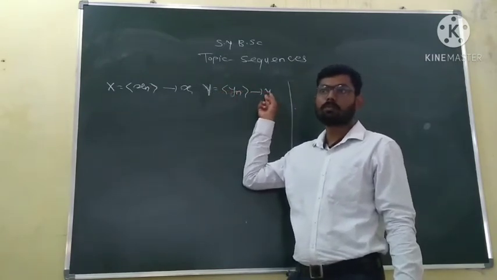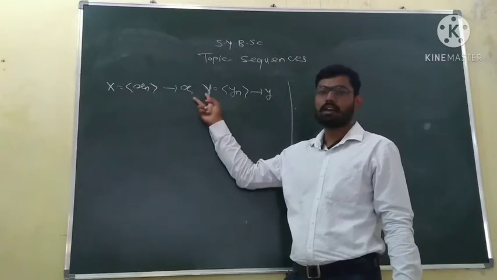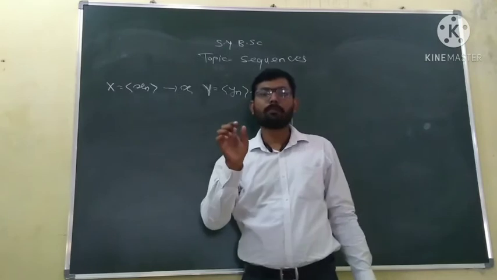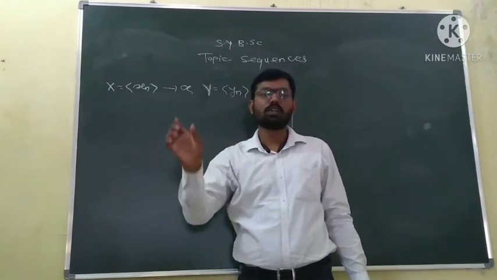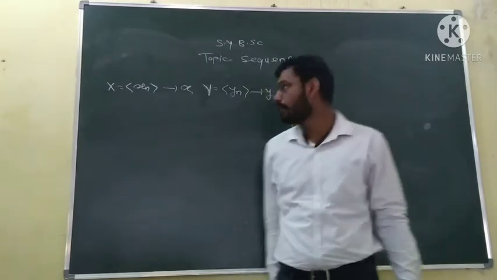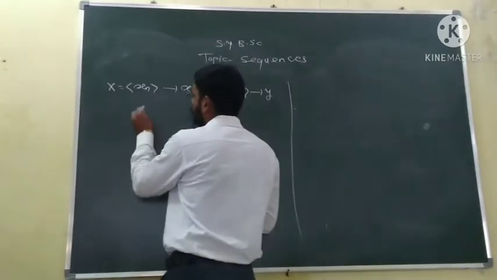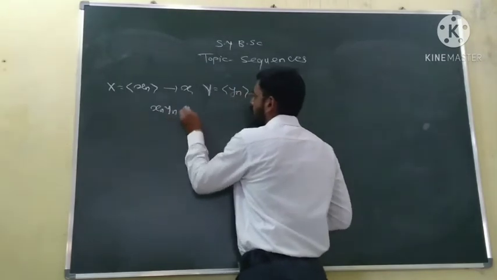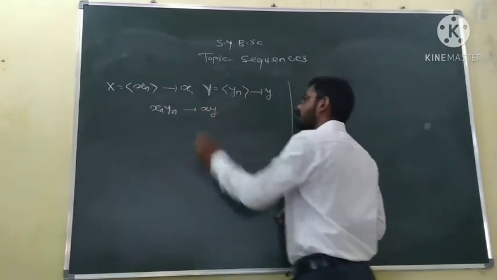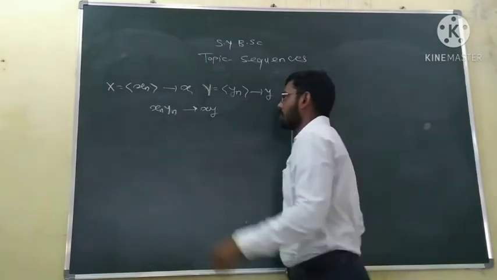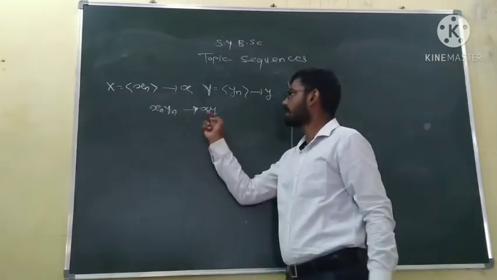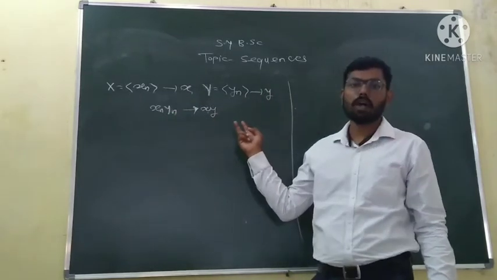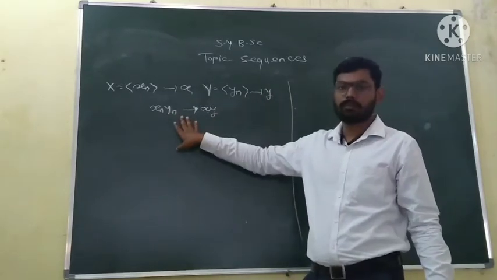We will prove that the product of these two sequences, xn into yn, converges to x into y. We have to prove that if xn converges to x and yn converges to y, then xn into yn converges to x into y.